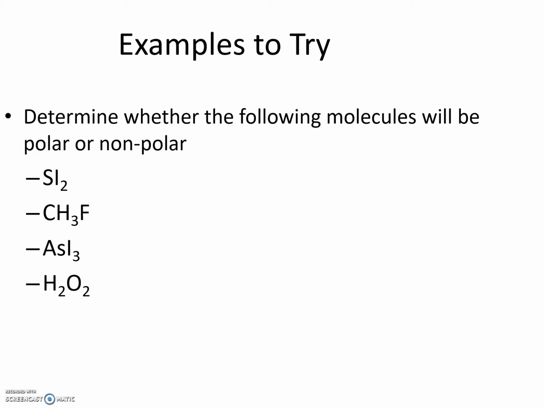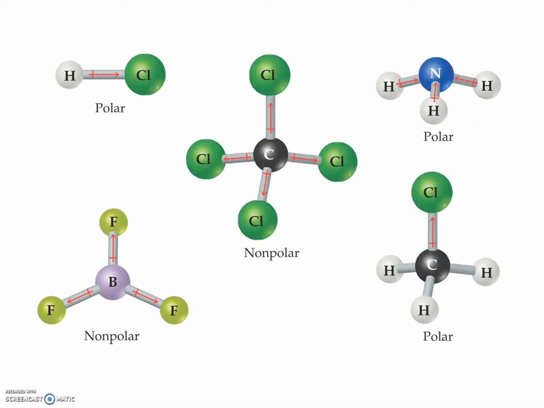If there are polar bonds, then you want to come up with a specific molecular geometry using VSEPR theory and look at the overall shape of the molecule to decide if it's polar or not. So pause the video, take a second to do that, and then I have some answers for you. I believe these are related but not identical molecules that might give you some ideas of the answers.